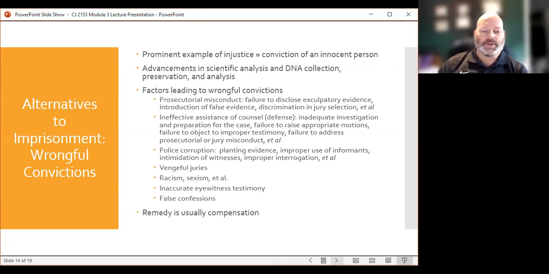There may be inaccurate eyewitness testimony during the trial process that could lead to a wrongful conviction, and false confessions on the part of the defendant as well may lead to a wrongful conviction. The remedy right now is usually compensation for a wrongful conviction, in which a wrongfully convicted defendant can sue the jurisdiction that led to his or her incarceration.